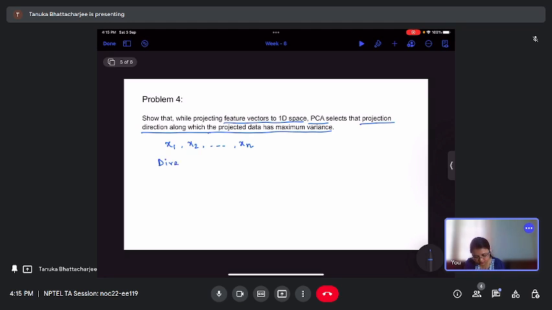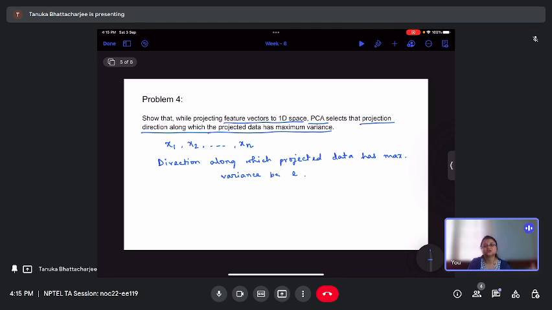So let us say that direction along which the projected data has maximum variance be E. So let E be the projection direction along which if you project your data, you will get maximum variance of the projected data.